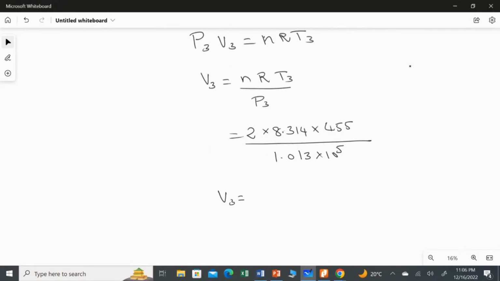V3 is equal to 2 multiply 8.314 multiply 455 over 1.013 times 10 power 5. We got the answer here as 7.469 multiply 10 power minus 2 meter cube, which is the answer for the O part.